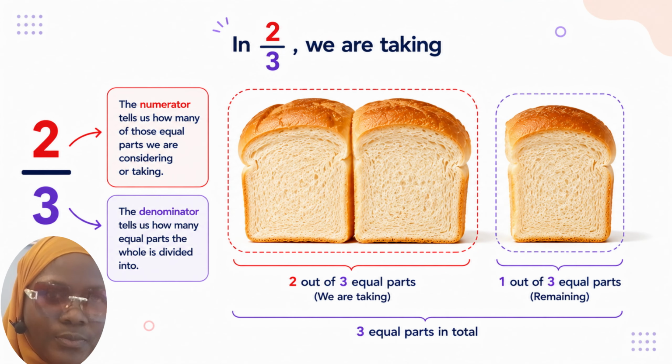Now I want to ask you a question. Since I shared the bread into 3 pieces and I have 2 pieces, and I explained that the part of the bread eaten is 2 over 3. That means the fraction of the bread eaten is 2 over 3.